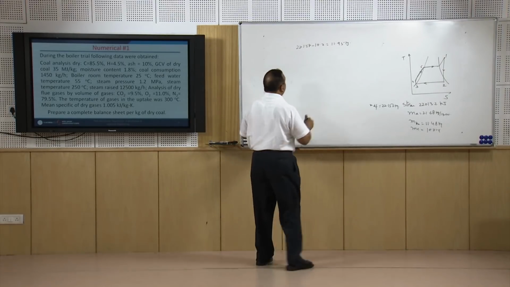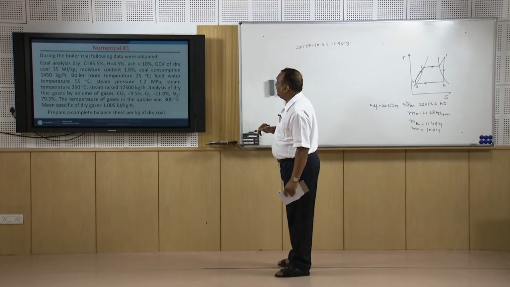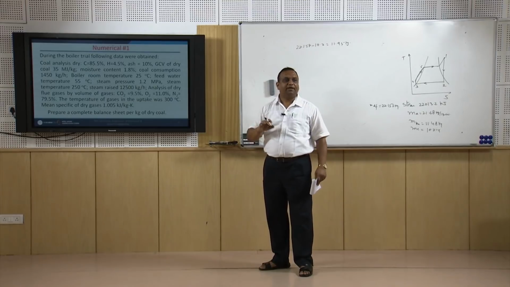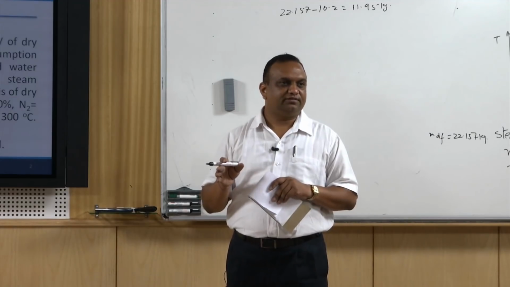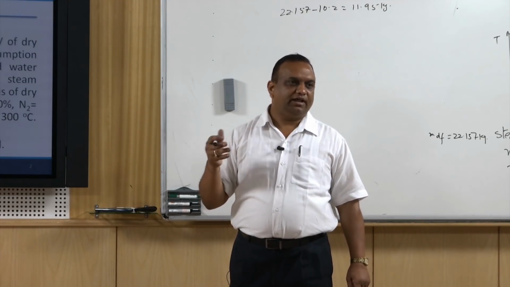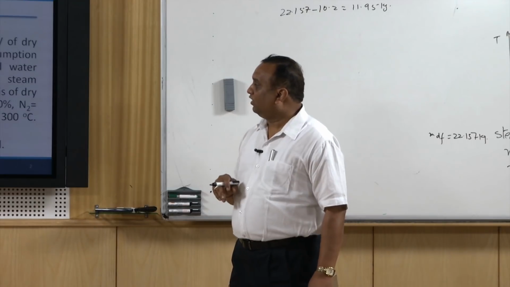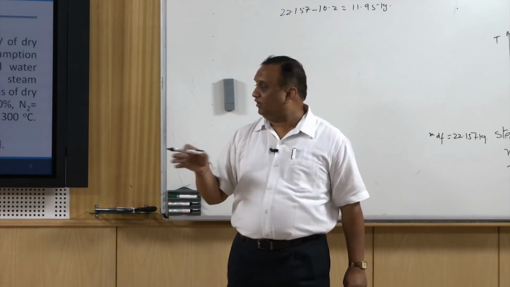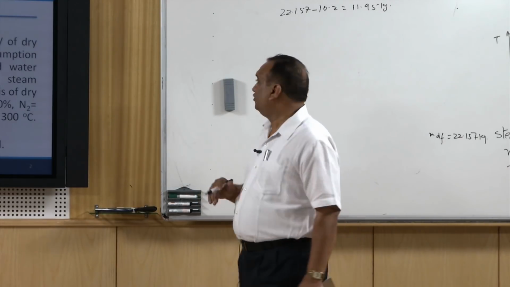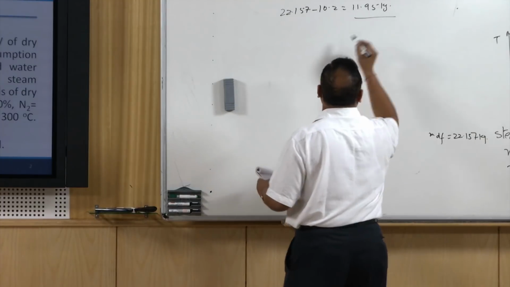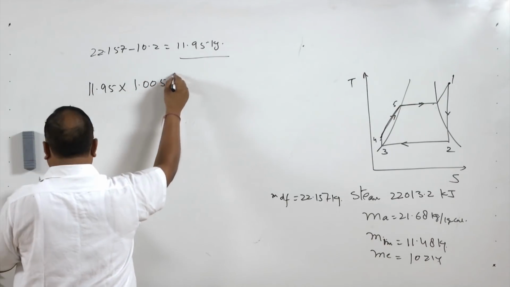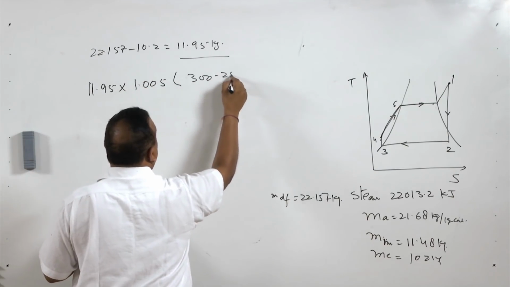Now, the specific heat is given as 1.005, here equal to the specific heat of the air. Sometimes it is different, so I have taken a generalized case. Here you can take the combustion products and air together, but suppose the specific heat of dry gases is 1.030 instead of 1.005. In that case the scenario is going to be different. So now this is M, 11.95, Cp 1.005, delta T is 300 minus 25.